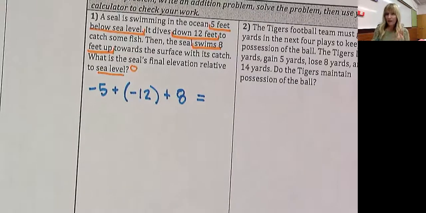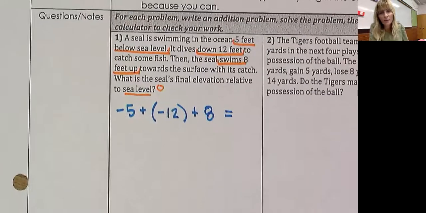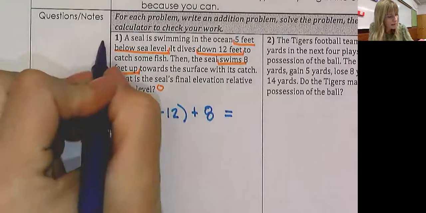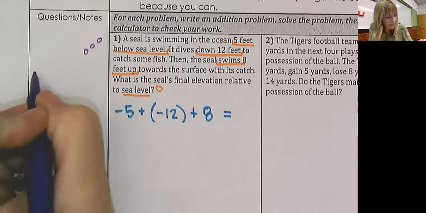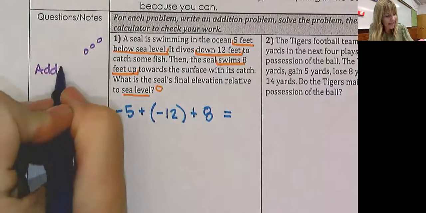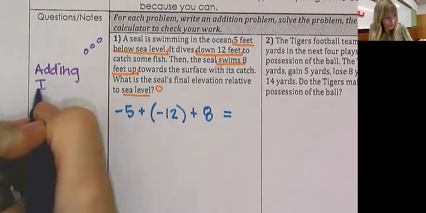Now, back to this idea of calculators or not calculators, this is a problem that I would not use a calculator for. It would probably take longer to type in than just to count with my fingers or follow my rules. So I'm going to make a note over here, a thought bubble just for fun: this is an adding integers problem.